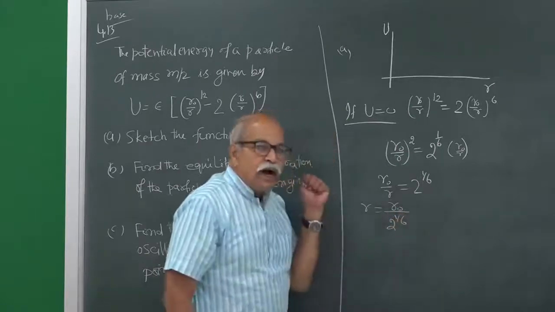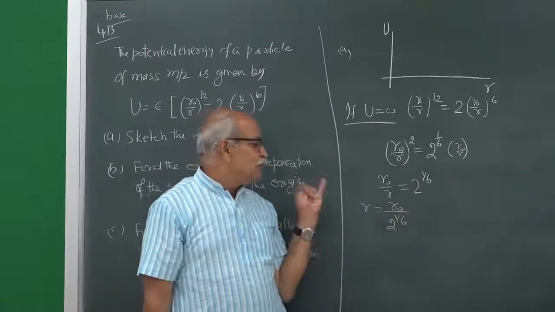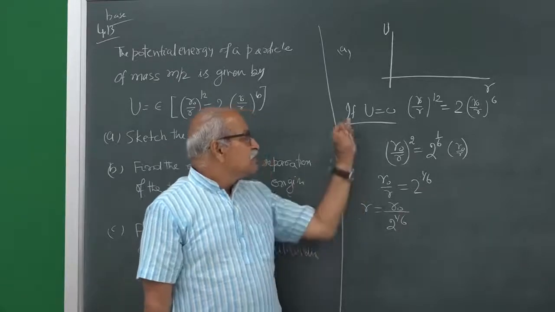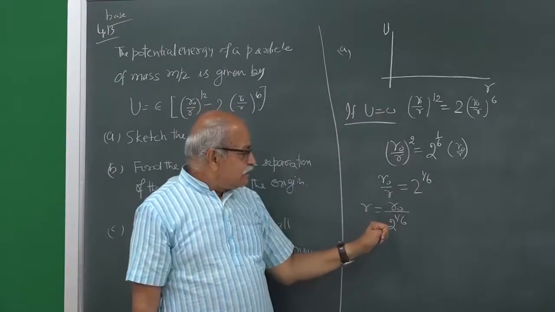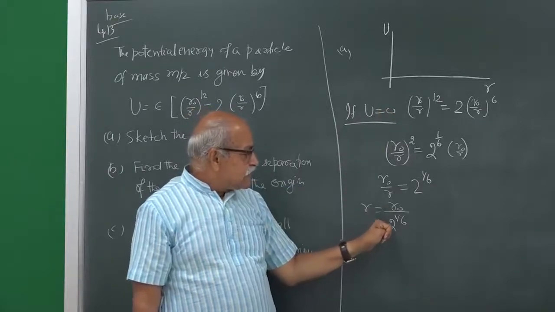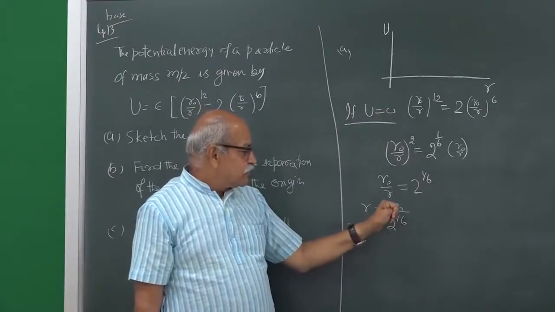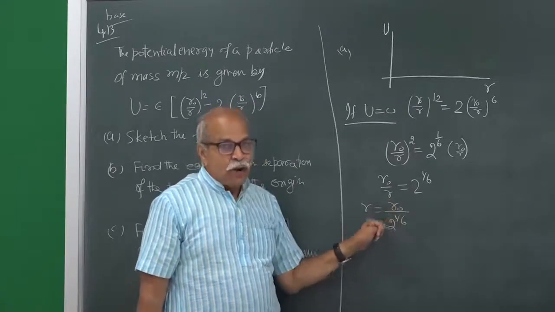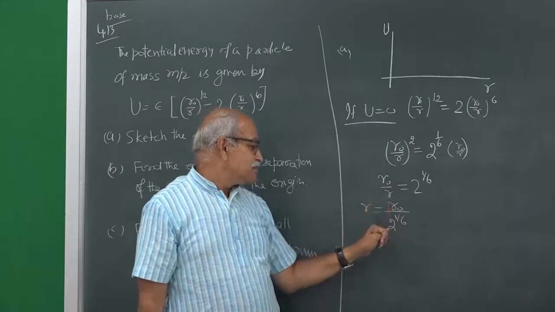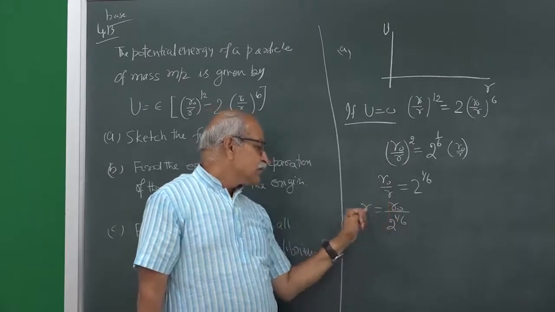So, you get only one value of r where u is 0, and that value is slightly less than r naught, because 2 to the power 1 by 6 is more than 1. You are dividing by a quantity which is more than 1, so this will be smaller.